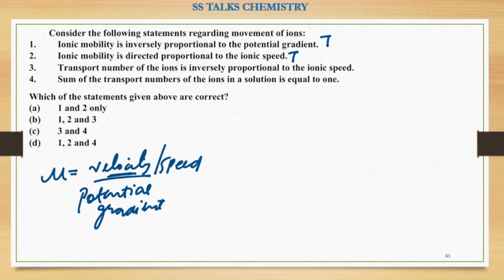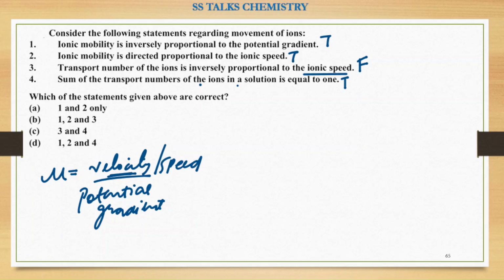Next is the transport number of the ions. It is inversely proportional to the ionic speeds. Transport number is the fraction of the charge that the ions are carrying, and it's directly proportional to the ionic speed, not inversely proportional. So this statement is incorrect. Next, the sum of the transport numbers of the ions in the solution is equal to 1.